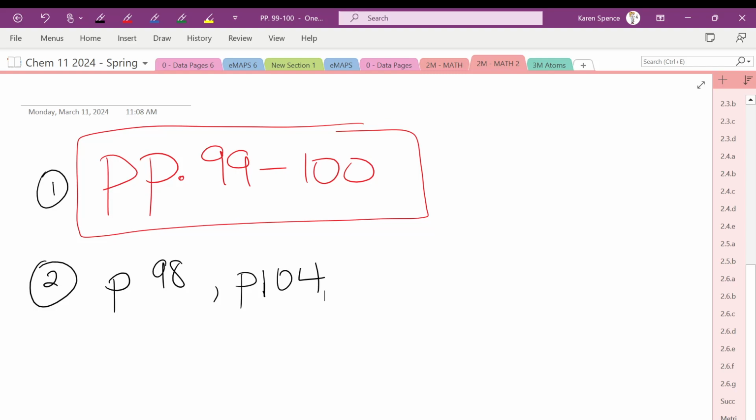I cannot have 2 uncertain digits, so this is going to have to round to 0.9. Now I can put back my power of 10. So now I have 0.9, which has correct sig figs, times 10 to the negative 2. How many sig figs here? Just 1. So when I put it into scientific notation, that becomes 9 times 10 to the negative 1.